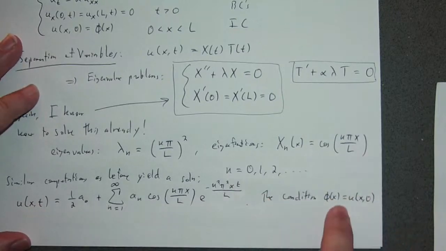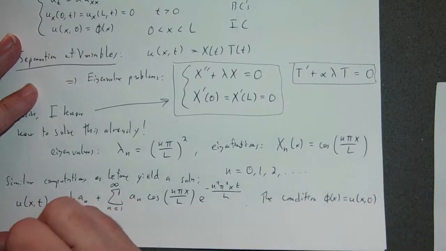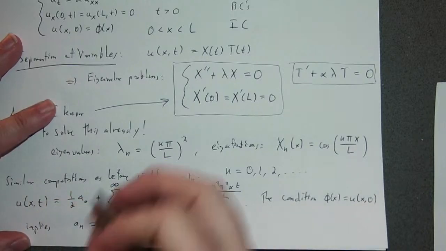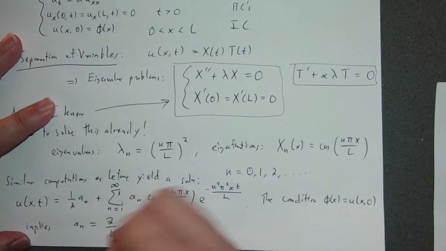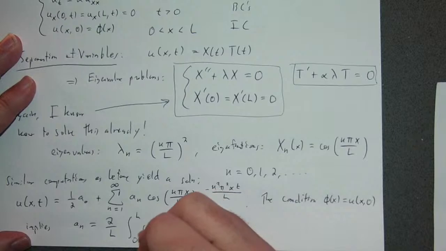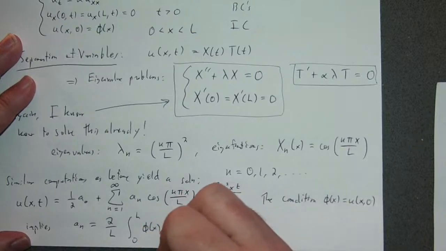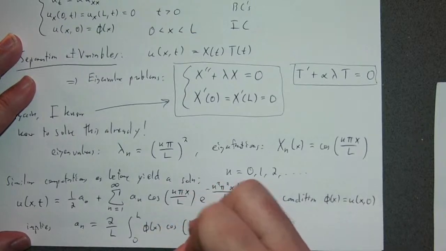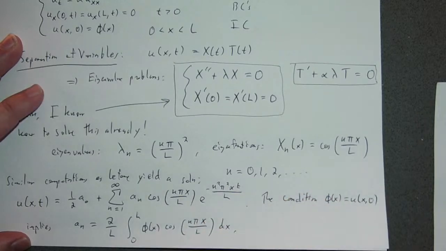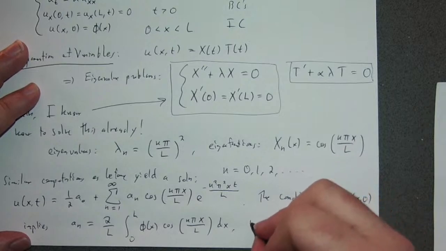So this condition implies that a sub n should be chosen to be 2 over L times the integral from 0 to L of phi of x cosine of n pi x over L dx, i.e. the Fourier cosine coefficients.